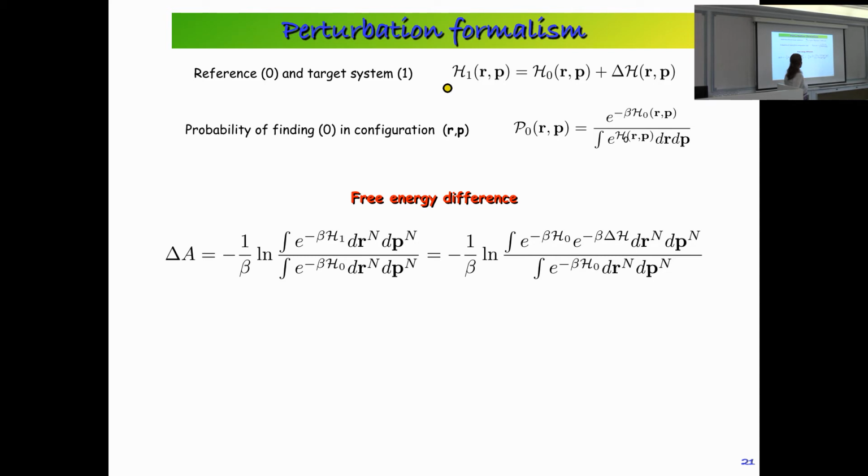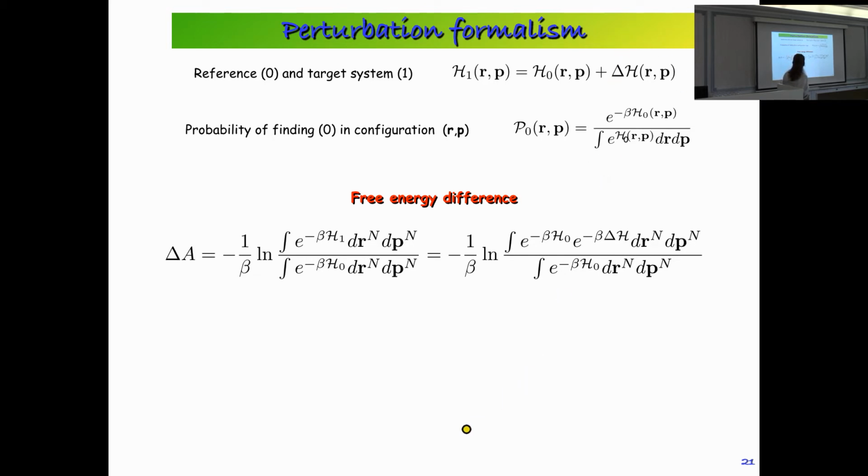And you want to have information also about an additional state, where the Hamiltonian will be H1, that is H0 plus some perturbative term, so a delta H. And so you want to sample in the H0 ensemble, so you do your simulation using the H0 Hamiltonian. And that means that you collect the probability distribution P0, that is the probability of having this configuration, so with R and P, in this ensemble.